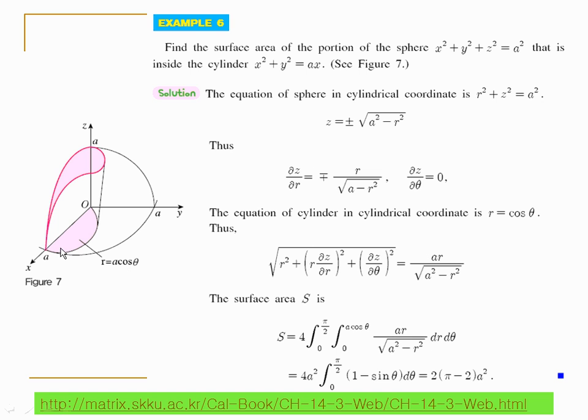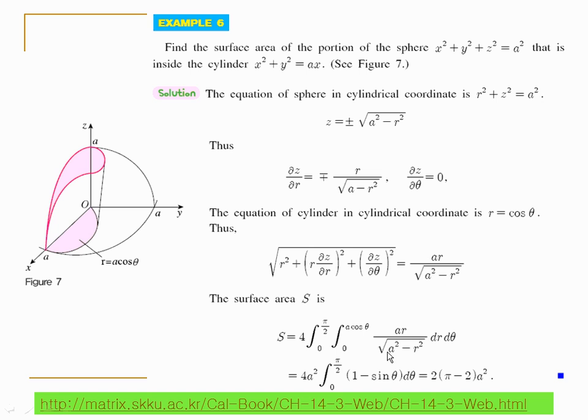And then the integration limits in polar coordinates: theta goes from 0 to pi over 2, and r, looking at this region here, moves from 0 to a cosine theta, from the observation.